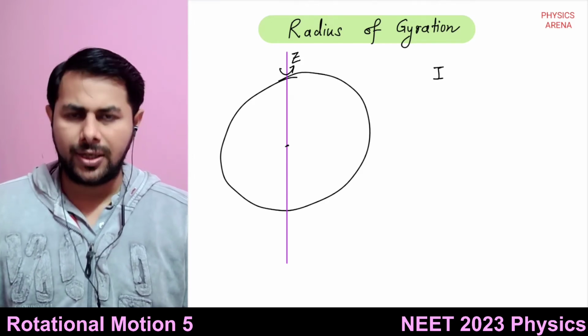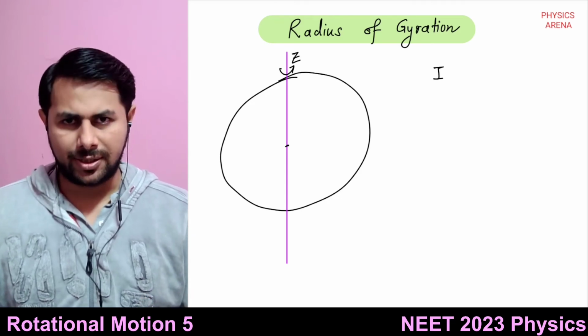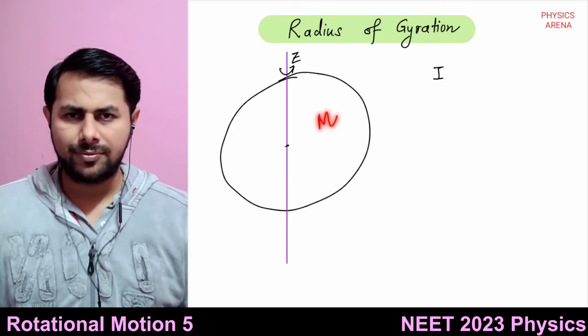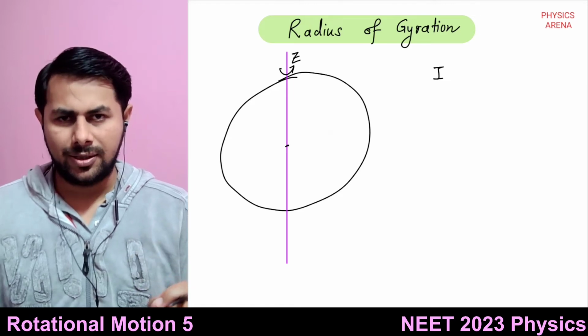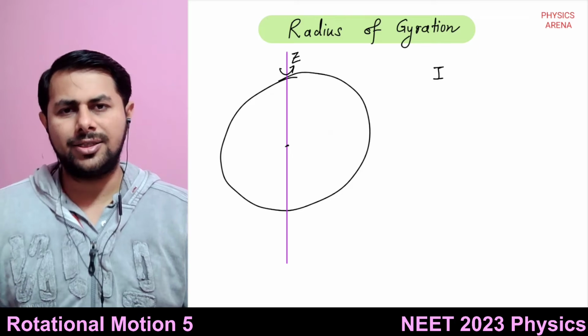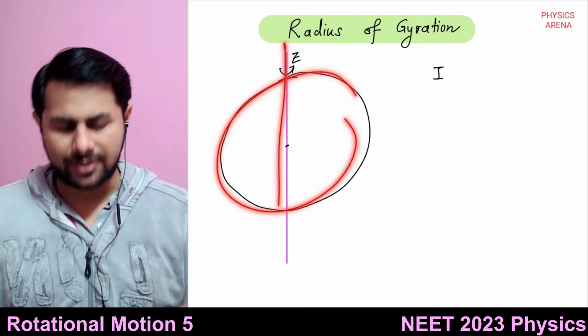Okay, so now I can write this moment of inertia equal to, so let's suppose m is the mass of this body. If I take a point of this mass, then at what distance should I keep that point such that I get the same moment of inertia as that of this body about this axis?